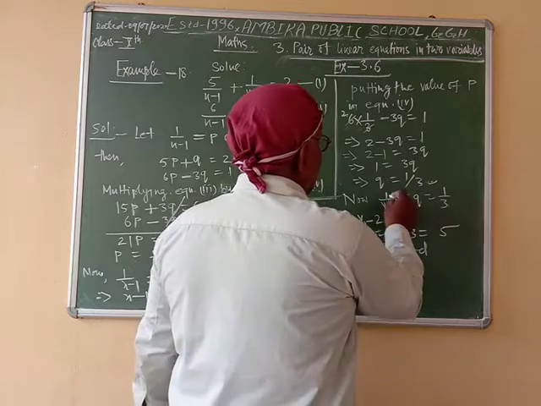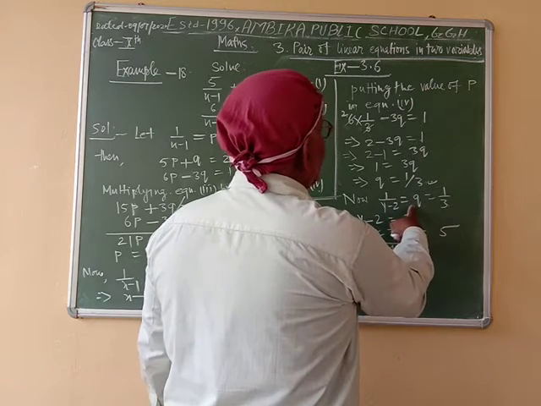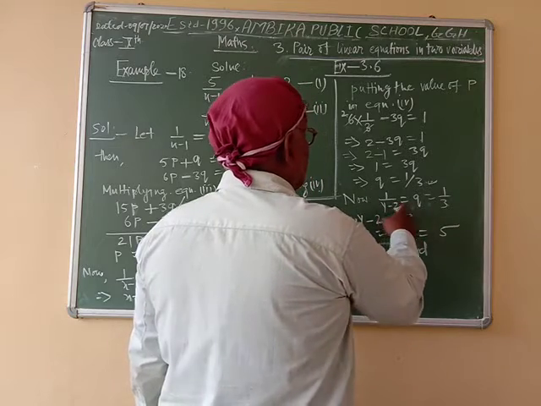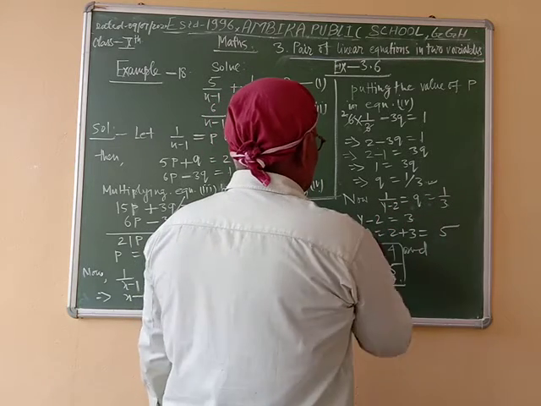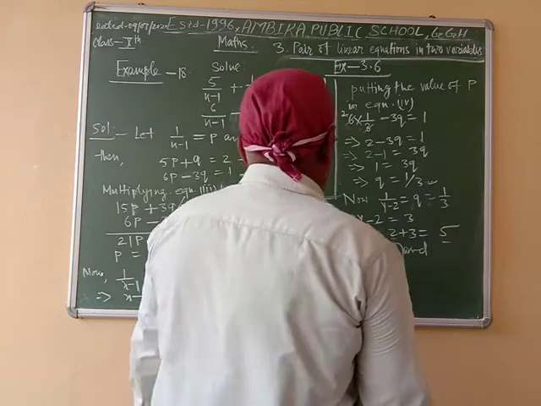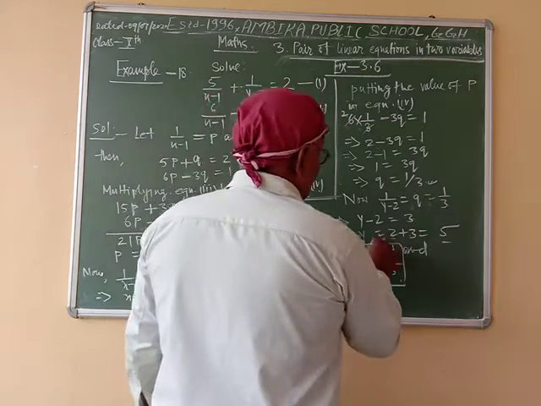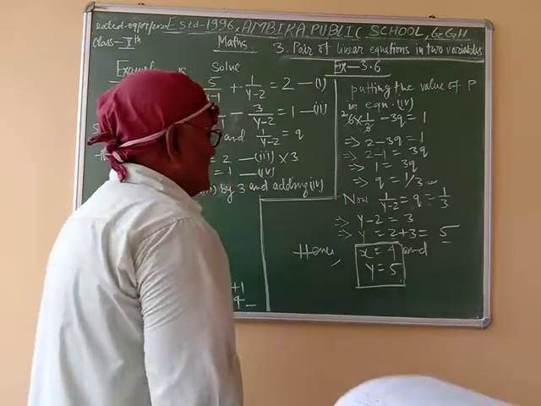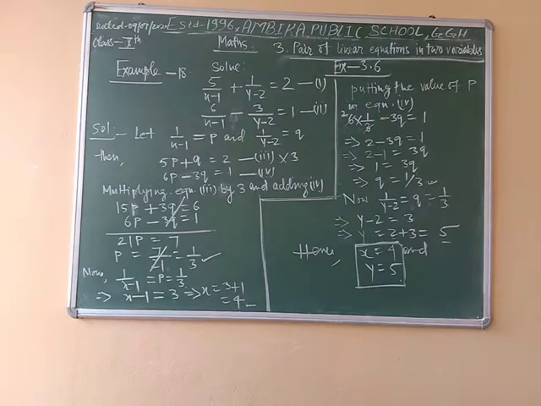Now we have considered 1 by y minus 2 equal to q is equal to 1 by 3. By cross multiplication y minus 2 is equal to 3, therefore y is equal to 2 plus 3 equal to 5. Hence the solution of the pair of equations is x is equal to 4 and y is equal to 5.